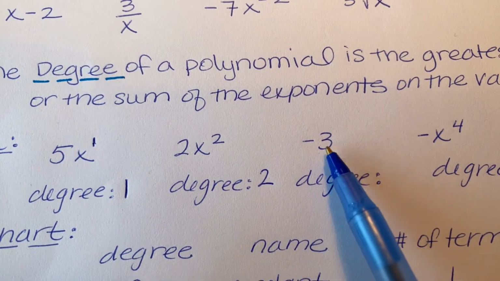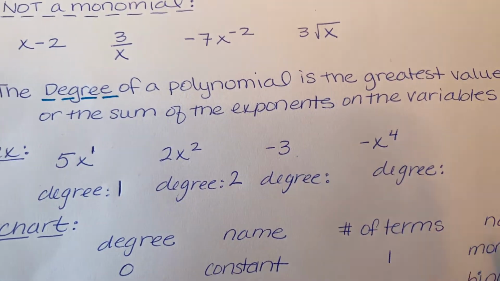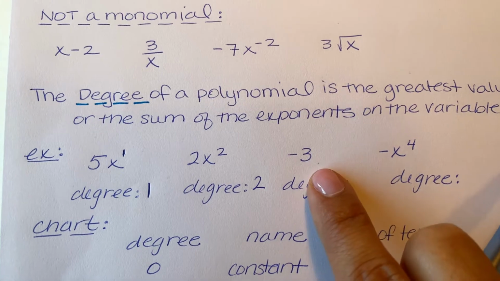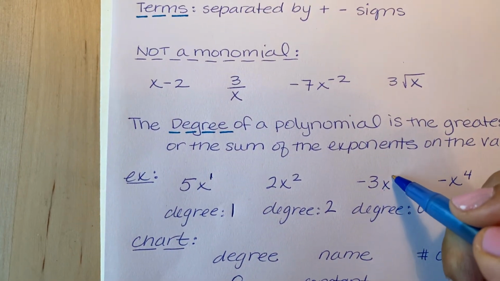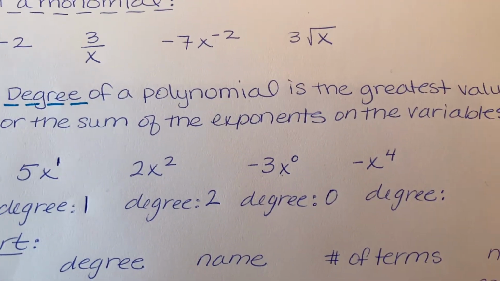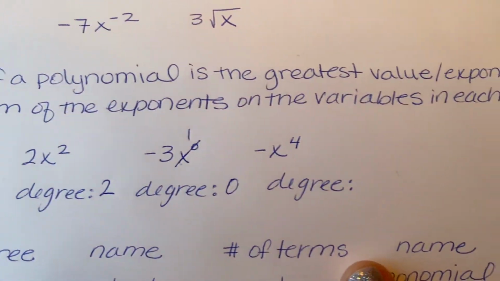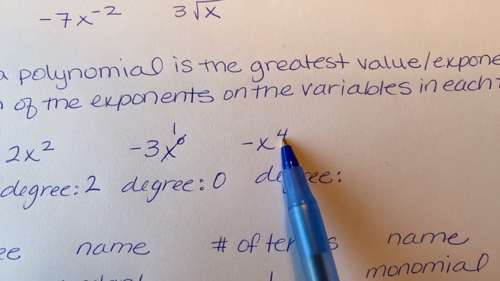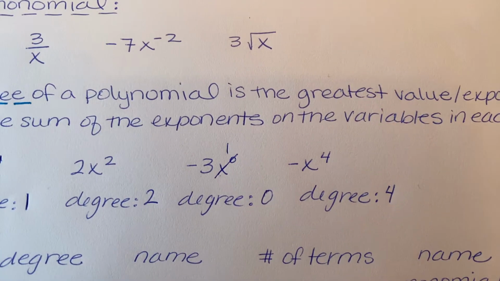Negative 3, now this is a constant. You do not see the base, you do not see an exponent, but it is really there. This is just a constant term. Here my degree would be 0 because this is really like x to the 0th power, but what's anything to the 0th power? 1, and so that's why we do not write it. Negative x to the 4th, that's my superscript, so my degree is 4.